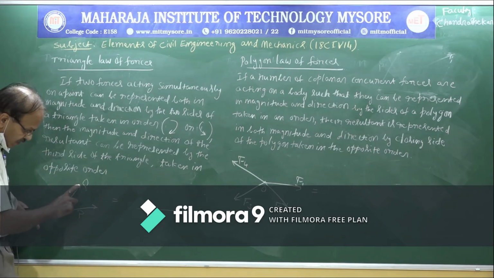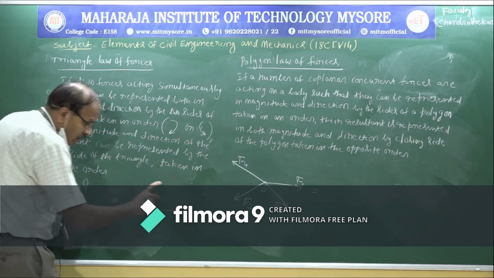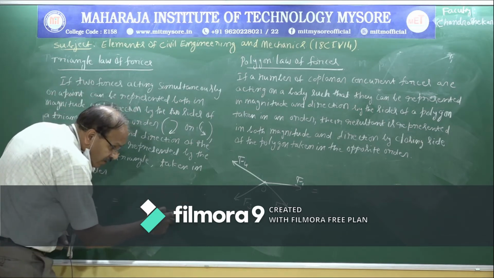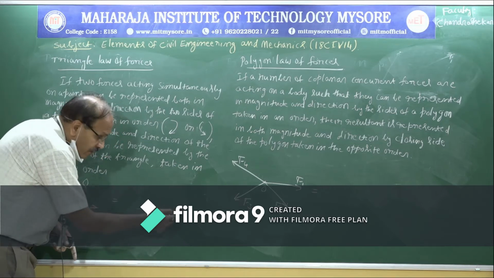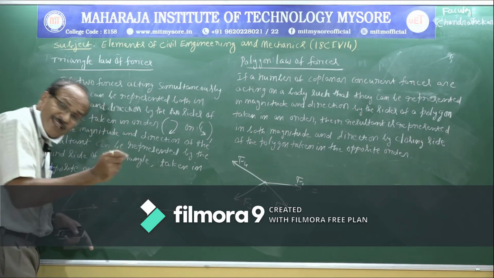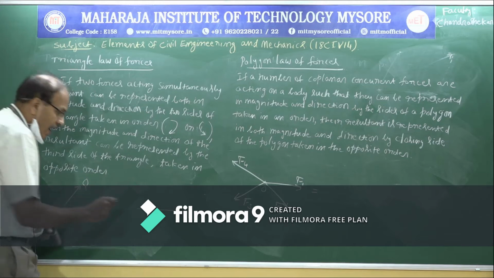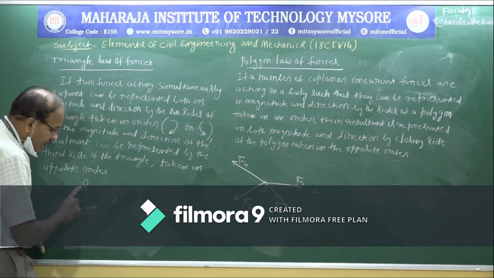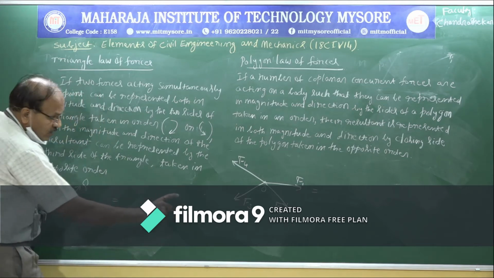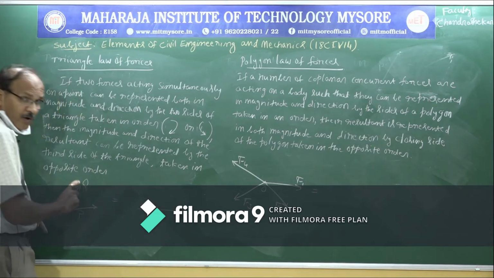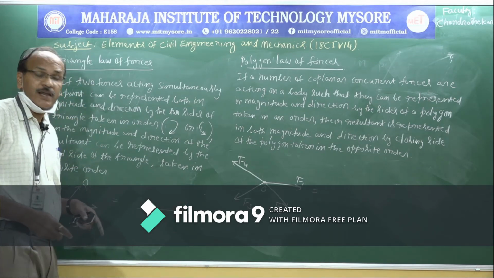So if I take this force, what I do is, again I am going to draw another line starting from here, from the point where you see the arrow, and this line should be parallel to this force, and the length should be equal to whatever the force magnitude is to this scale.